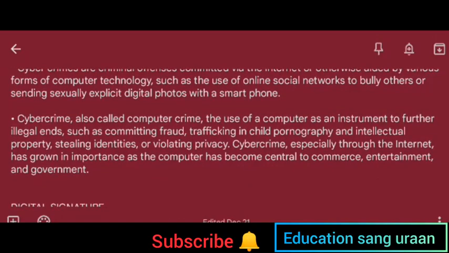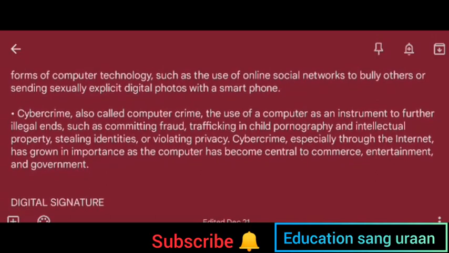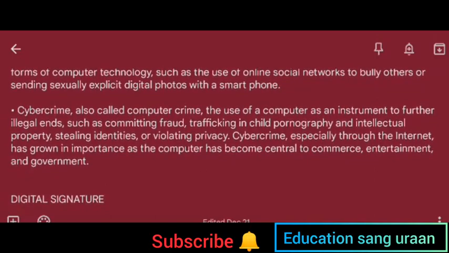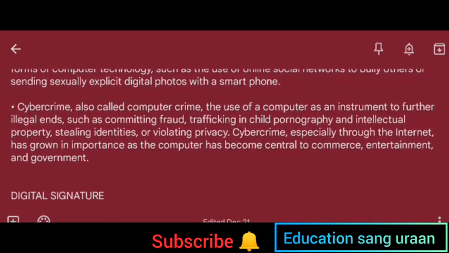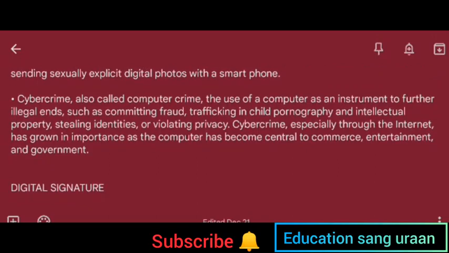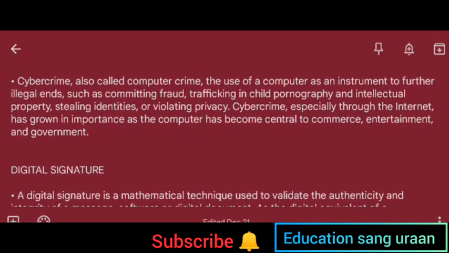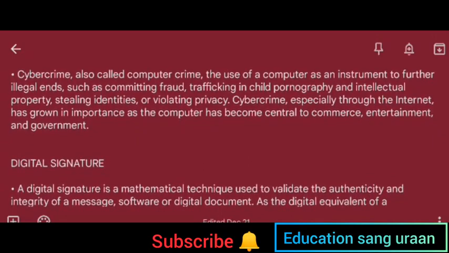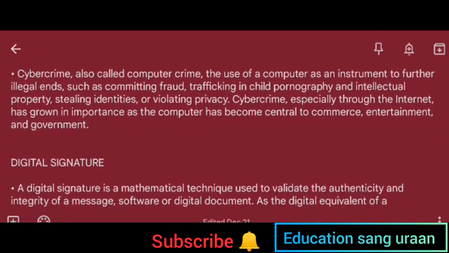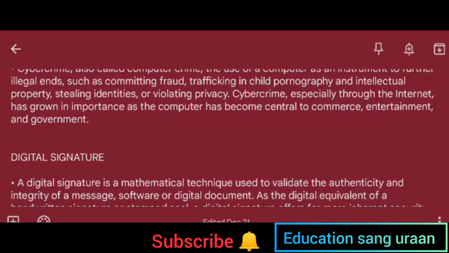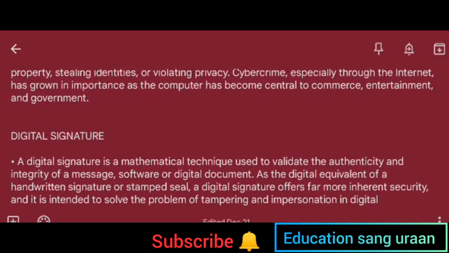Cybercrime, also called computer crime, is the use of a computer as an instrument to further illegal ends, such as committing fraud, trafficking in child pornography and intellectual property, stealing identities, or violating privacy. Cybercrime, especially through the internet, has grown in importance as the computer has become central to commerce, entertainment, and government.